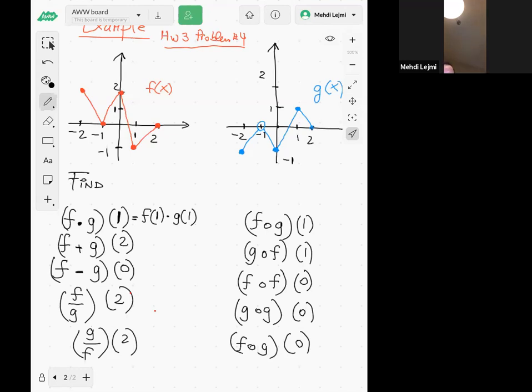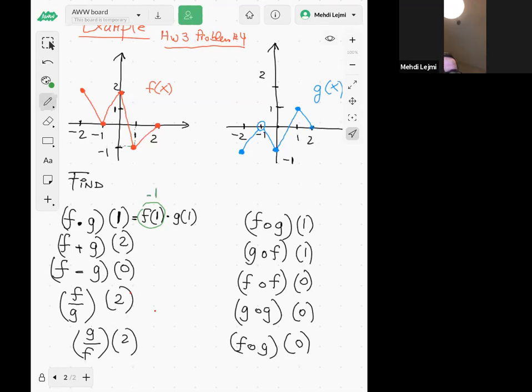So then what will be the answer? Well, what's f of 1? You check the graph. So f of 1, that's -1, right? As you can see from the red graph, f of 1 is -1.